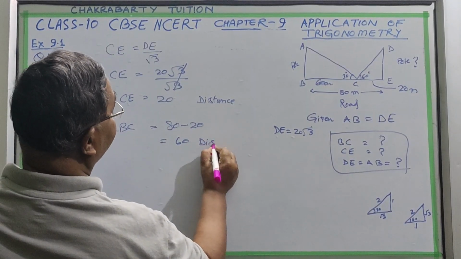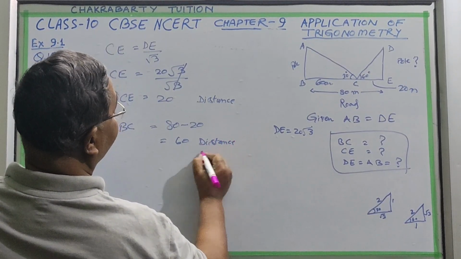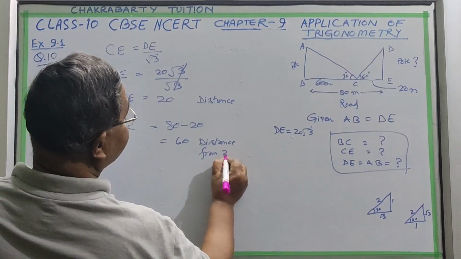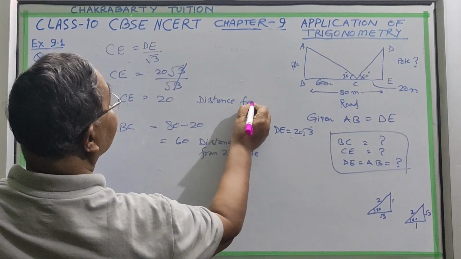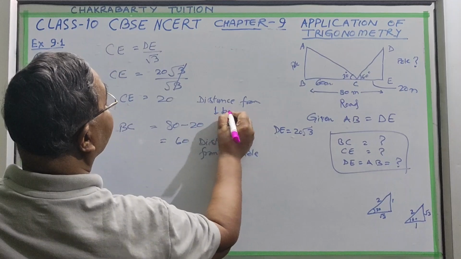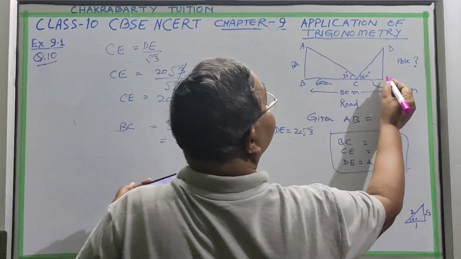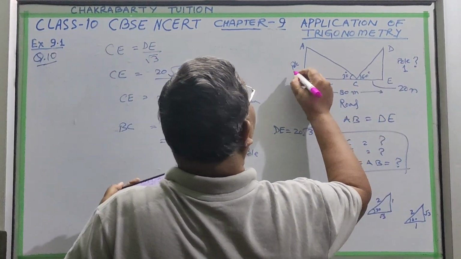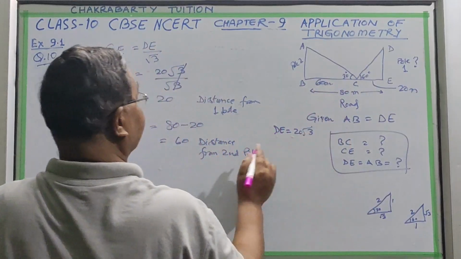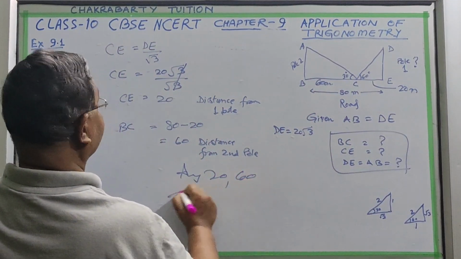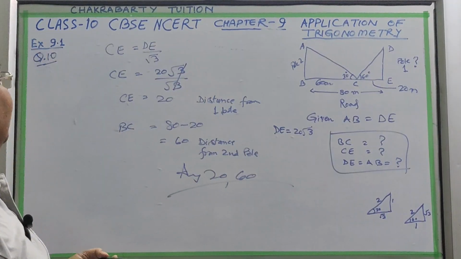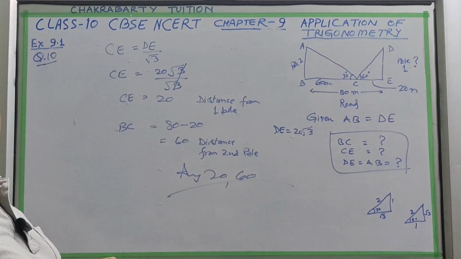Distance from the second pole and distance from the first pole. Suppose it is pole 1 and it is pole 2. So these are your answers. One is 20 meter and one is 60 meter. This question is over. Now we are going to question number 11.